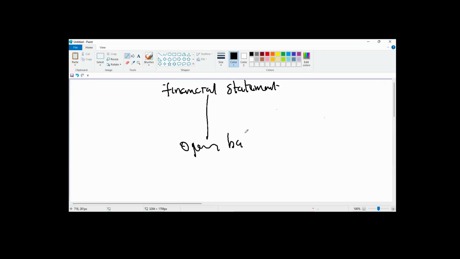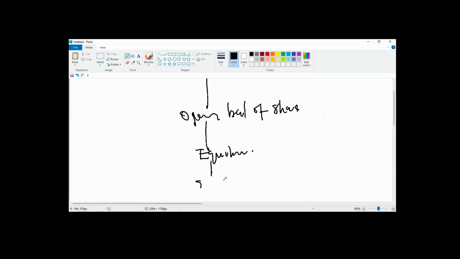What are you going to look into? Go to equities. In the equities, you will see share capital. You're only interested in the share capital. This is what you need. That is the only difference with what we have been doing when they give you financial statements.